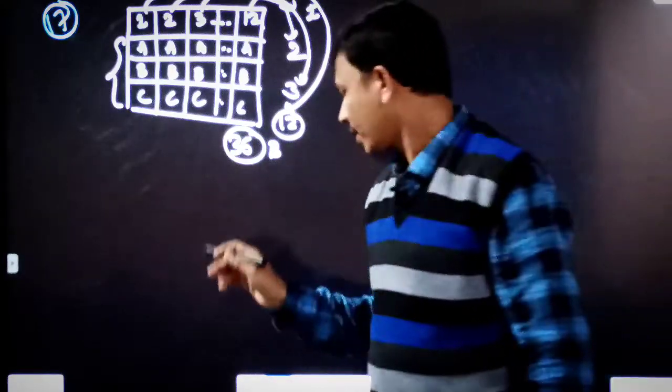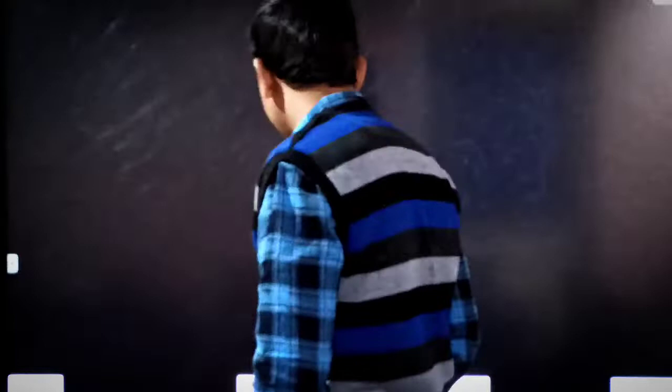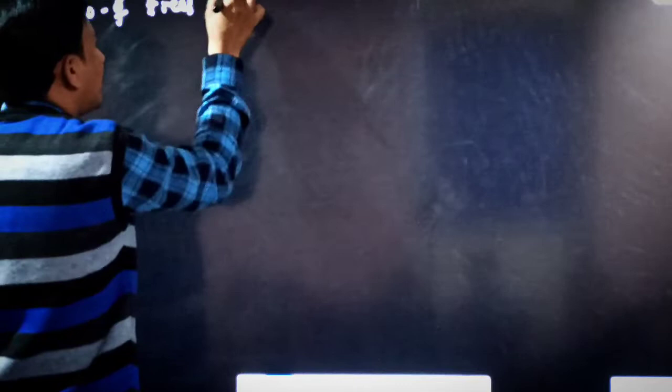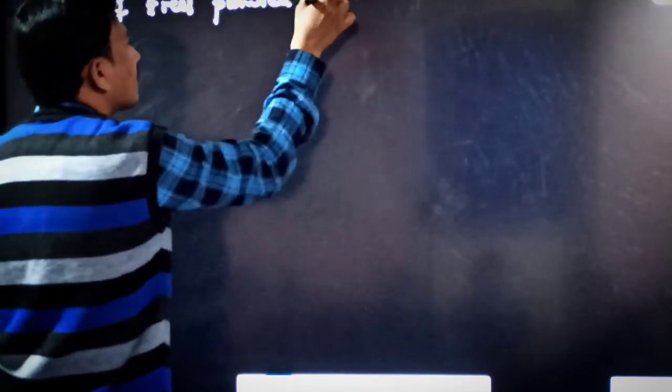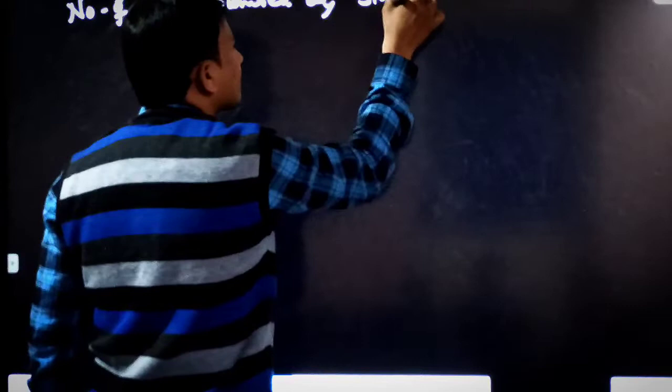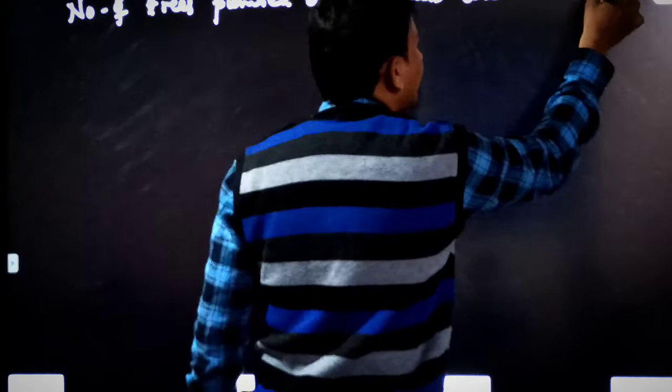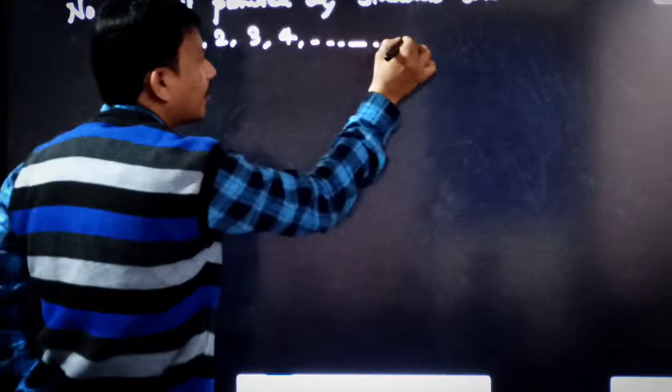Number of trees planted by the students are in AP. Yes or no? They are in AP. That means first standard students 1 tree, second 2 trees, third standard 3 trees, up to 12 trees.